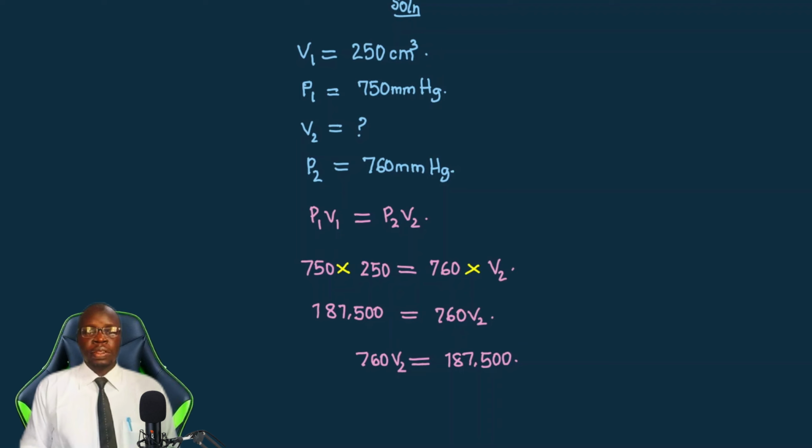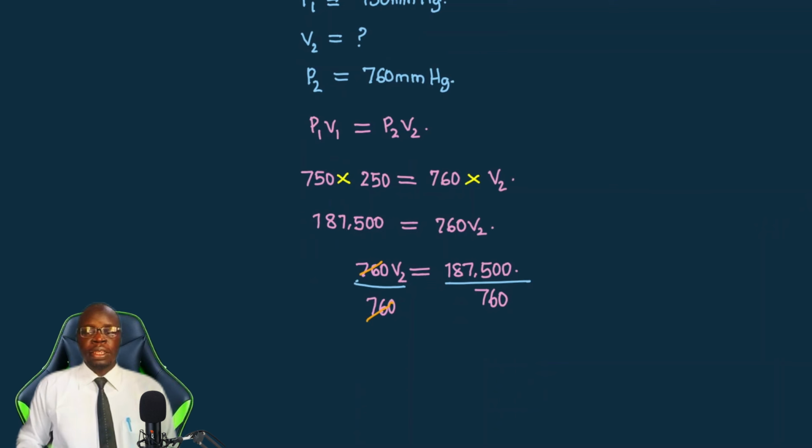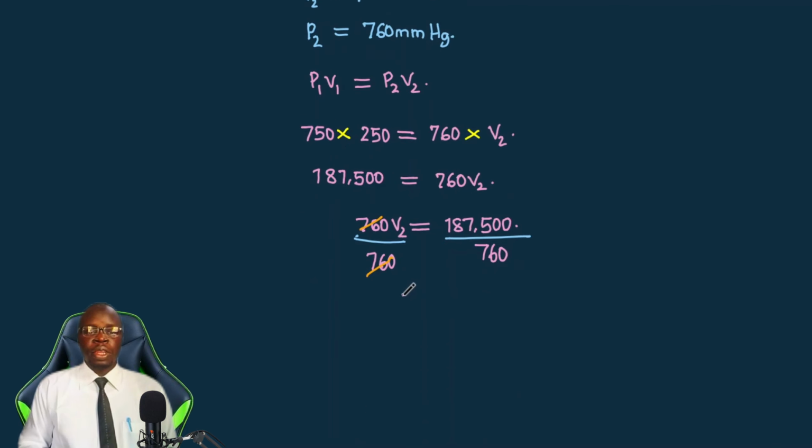So at this stage here, we're dividing all these sides here with the coefficient of V2, and that is 760. Also here, 760. Then our 760 will cancel from the left hand side, and we're left with only V2.